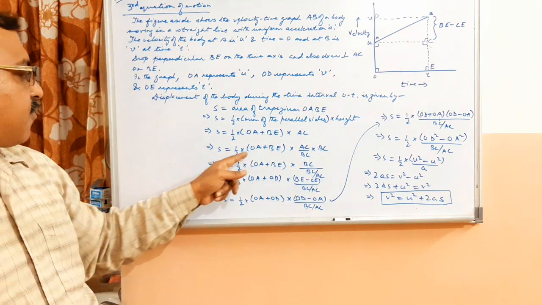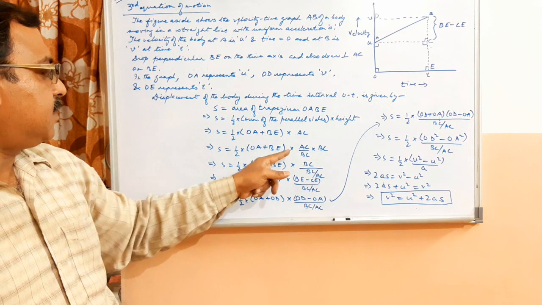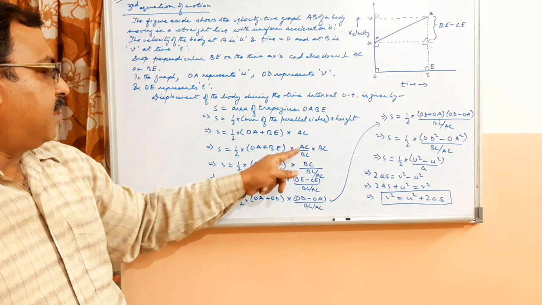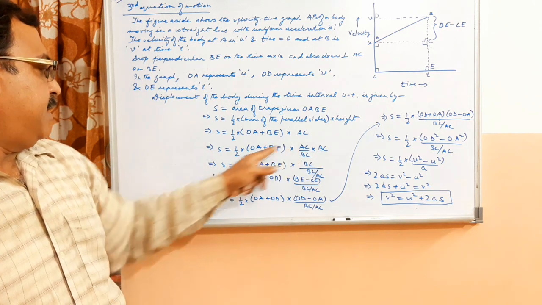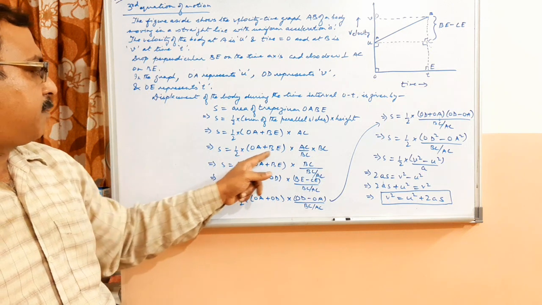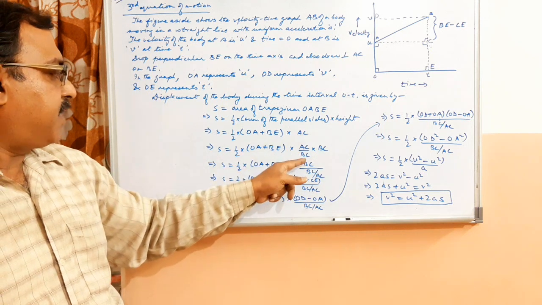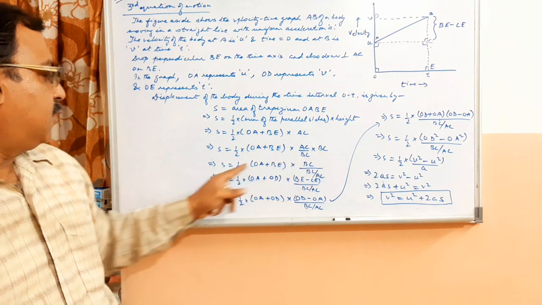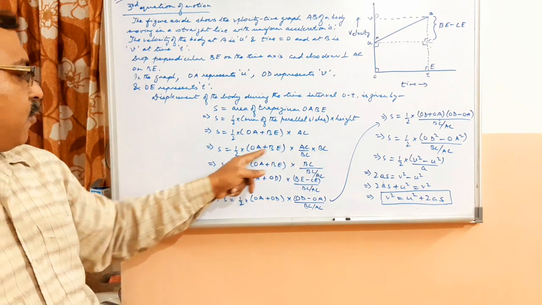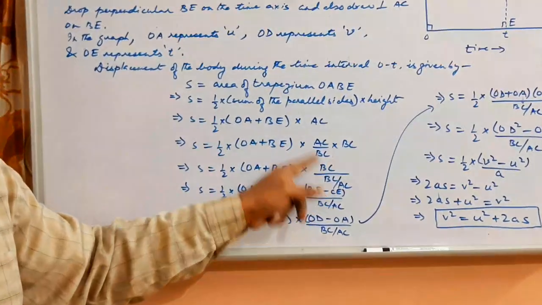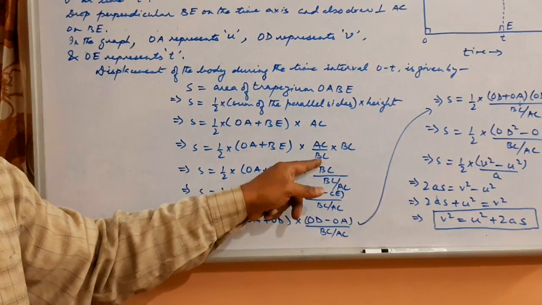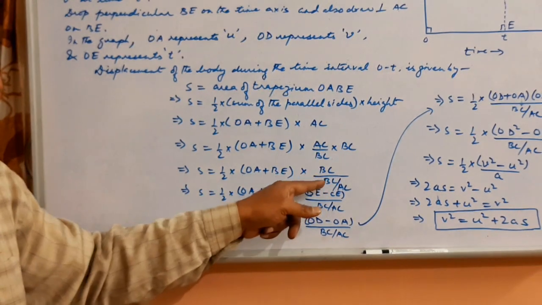So S is equal to half of OA plus BE into AC. Now this AC, in the next step, has been divided by BC and multiplied with BC. Now this AC is brought below this BC in the denominator. So it becomes BC divided by BC by AC.